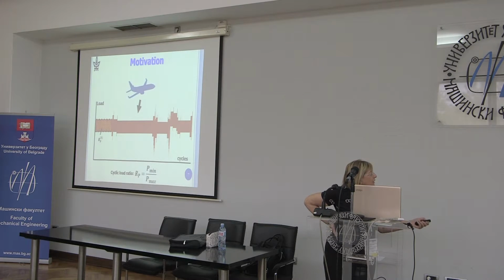And so then I can talk about R_P. It's the R ratio for applied load, P min versus P max. It's called the cyclic load ratio. So not only do I have the maximum load to worry about, I have this R_P that I need to worry about. And then I have R_P2, it's a different R_P, and R_P5, and R_PN, and I want to predict.